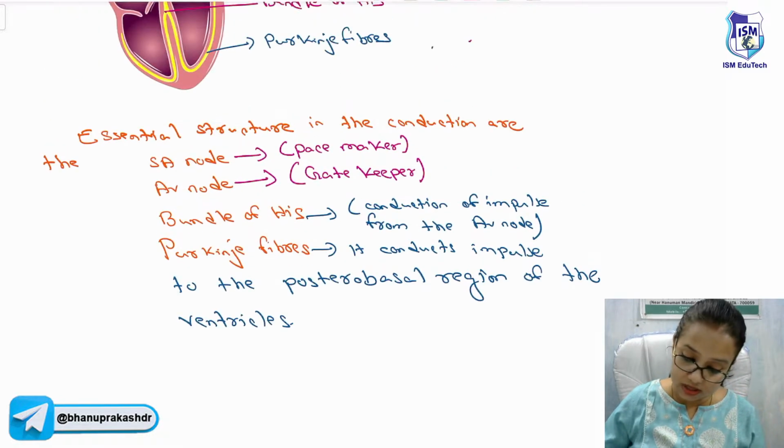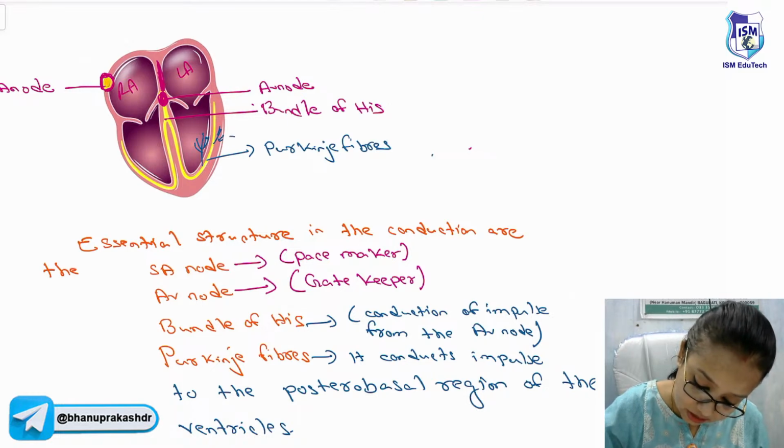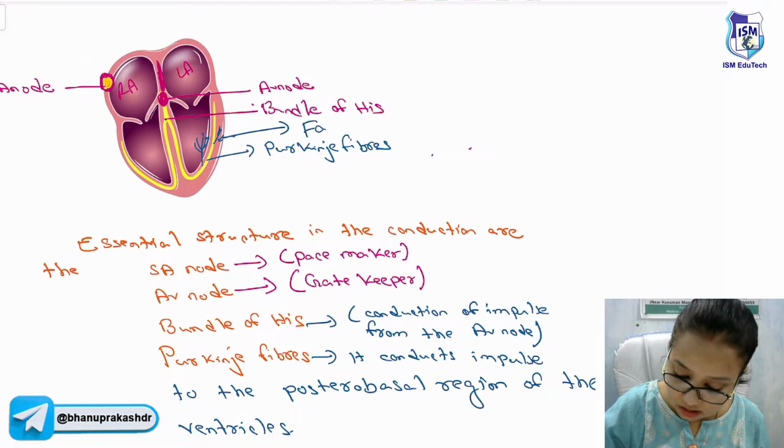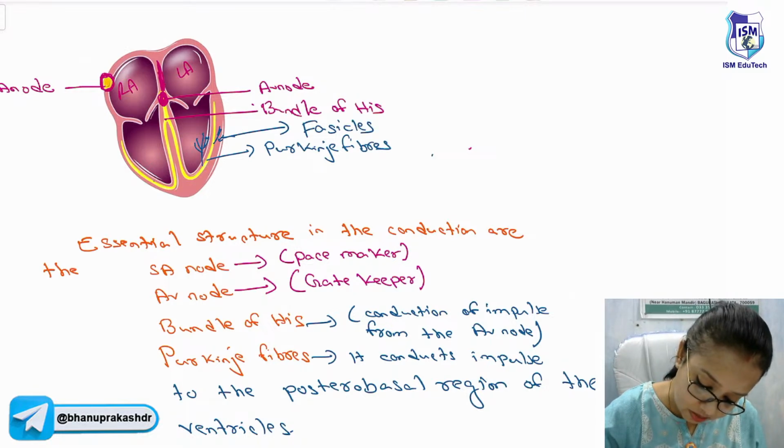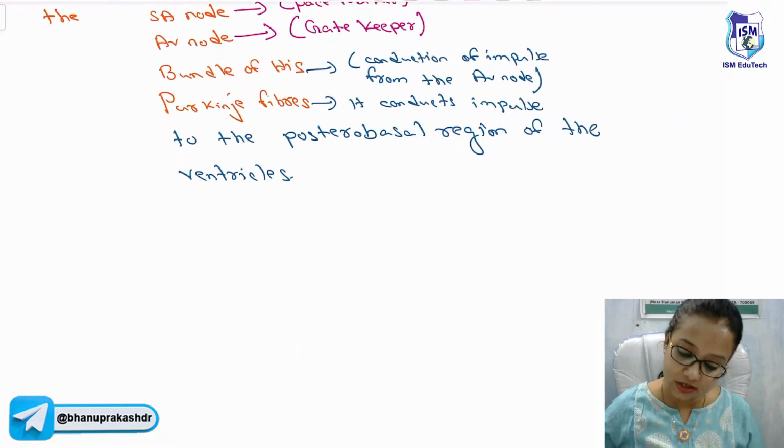Okay. Now this Purkinje fiber also penetrates and gives out branches which are called the fascicles. Now these fascicles are present both in the left as well as in the right side of the ventricle, both in the left ventricle as well as the right ventricle.